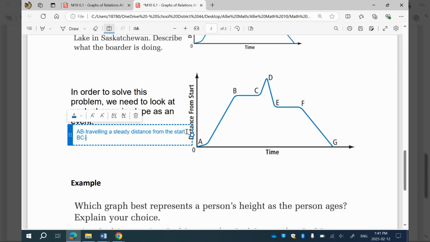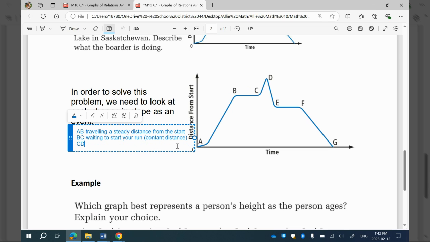So this might be the part where you're waiting to start your run. I don't know what it's called when you're wakeboarding. Steady, constant distance, I guess. And you notice that the time is still going on, but the distance isn't moving. So this suggests that she's still in this moment. She's not getting any further from where she started, but time continues to move on.